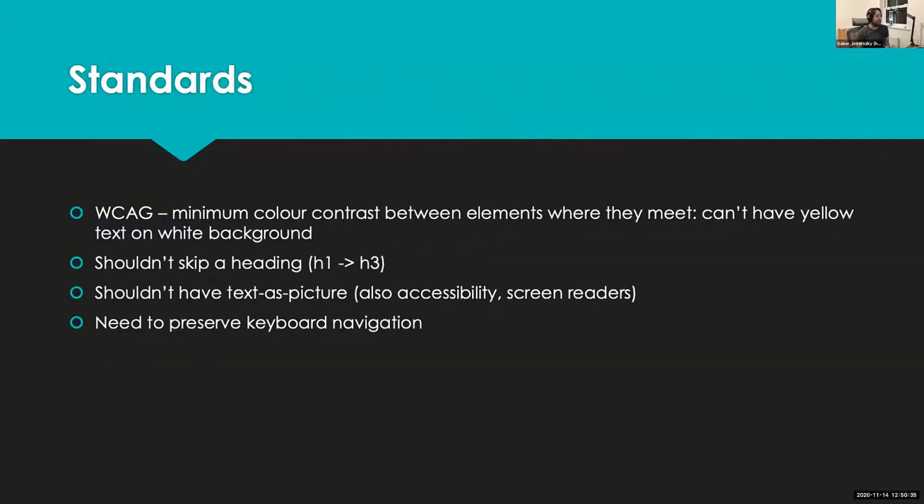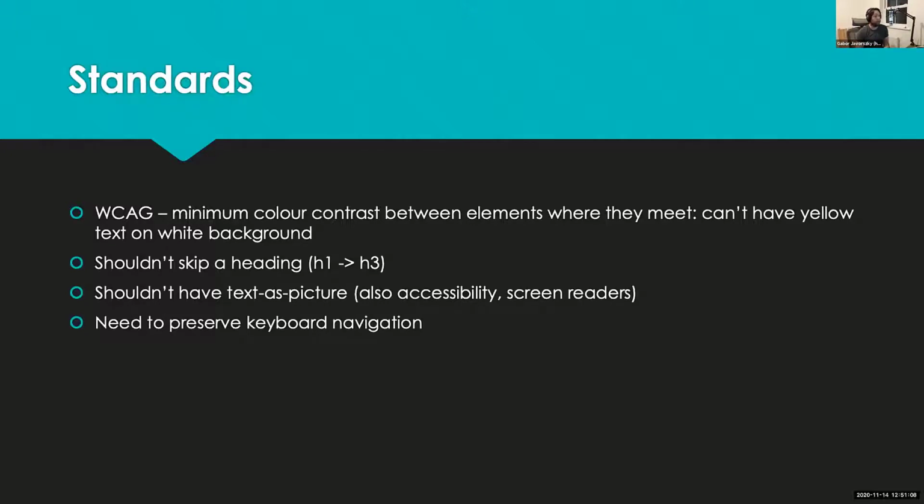Then we have standards, which is the WCAG, which is the accessibility framework. You have to have minimum color contrast between elements in order to hit AA or AAA compliance, which means I can't have yellow text on white background because that is just not going to be visible to anyone. Similarly, I can't have blue text on red background because it is going to physically hurt some people because it's just uncomfortable to look at.